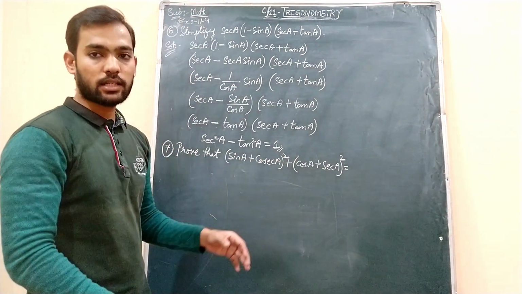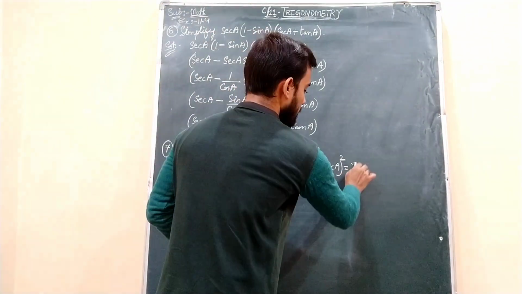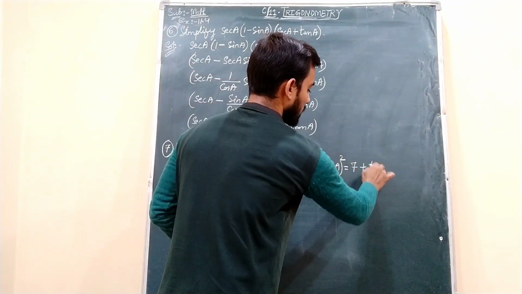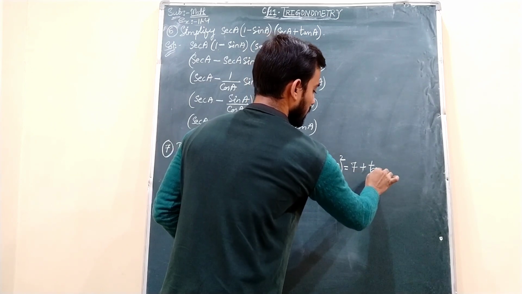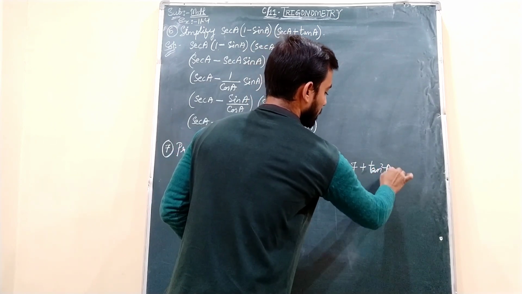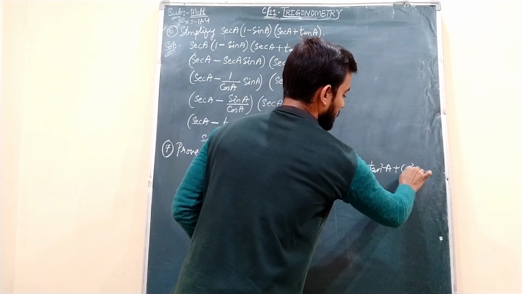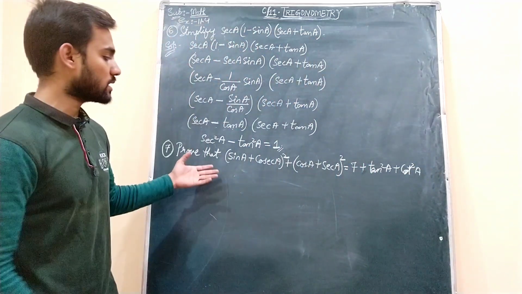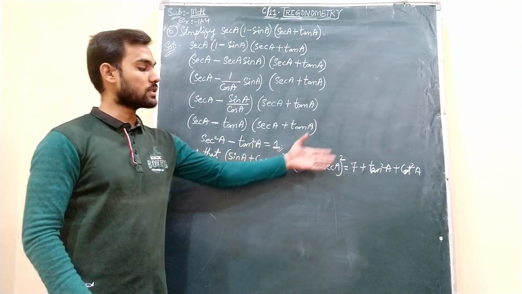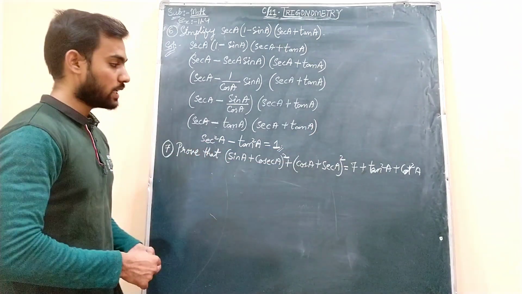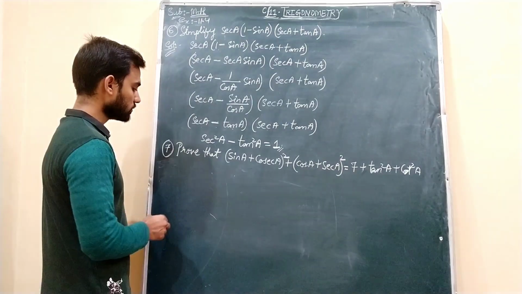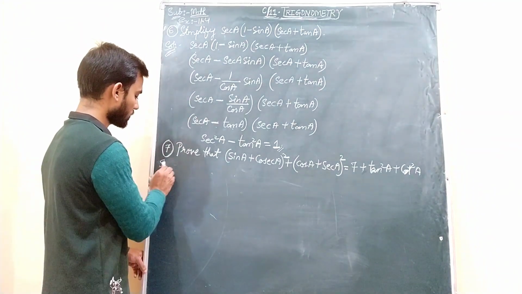This complete answer we need to get as 7 plus tan square A plus cot square A. Okay students, 7 plus tan square A plus cot square A. This is proving question. We need to take LHS and we need to get RHS. Okay, let us see how to solve this one.